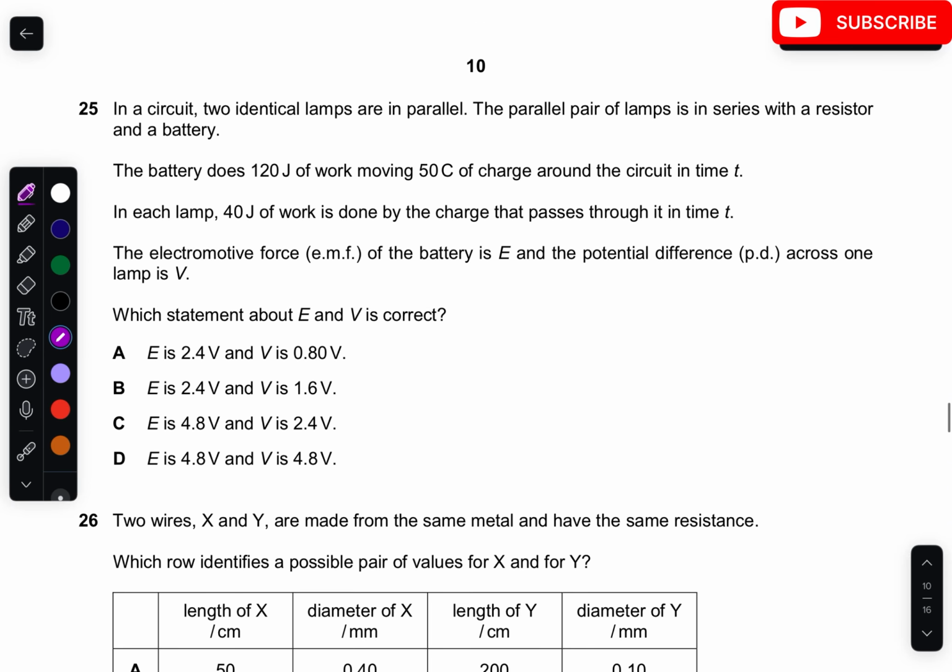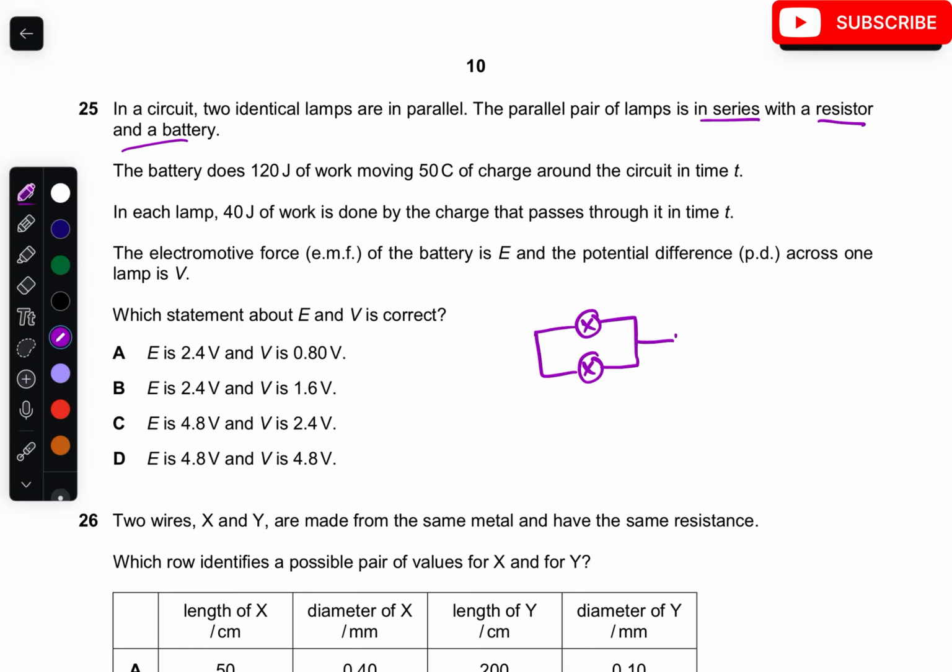Question 15. In a circuit, two identical lamps are in parallel. The parallel pair of lamps is in series with a resistor and a battery. Let's make this scenario first. You have two lamps, they are parallel with each other, and the parallel pair is in series with a resistor and a battery.